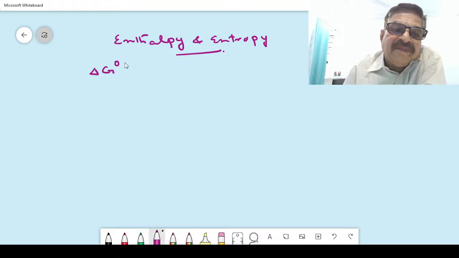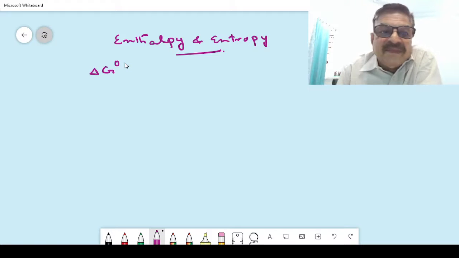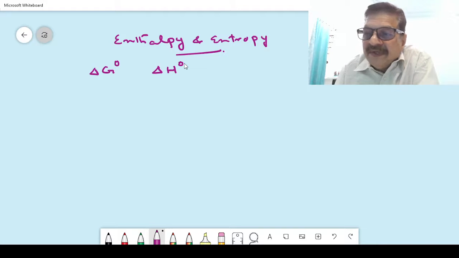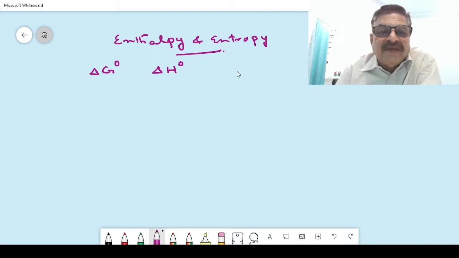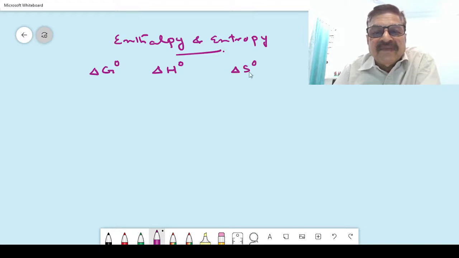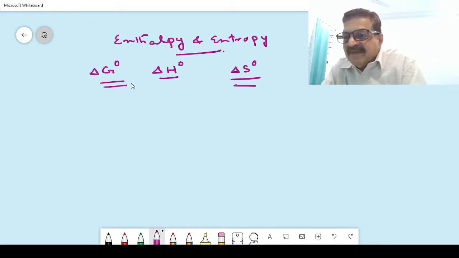It will depend upon the enthalpy change. Free energy change depends upon the enthalpy change, delta H0, and the entropy change, delta S0. This is the entropy, the change in entropy. What is entropy? That is the definition given.